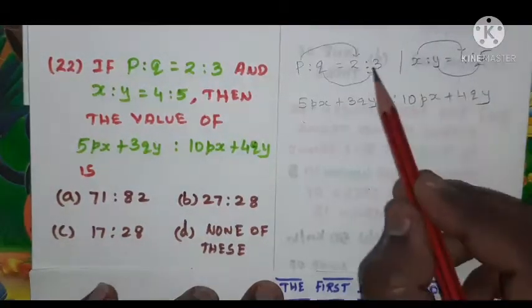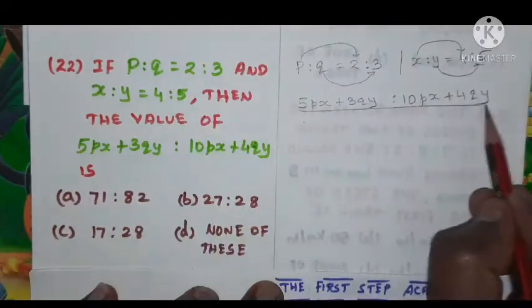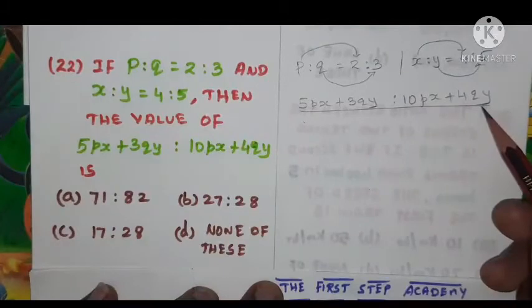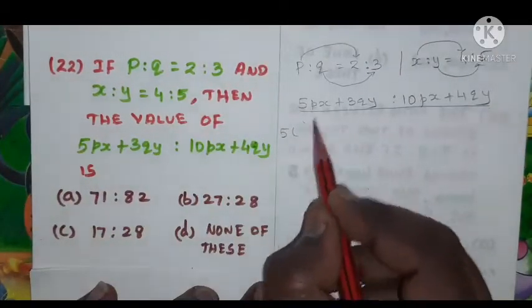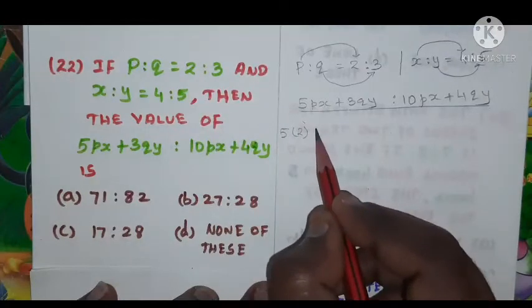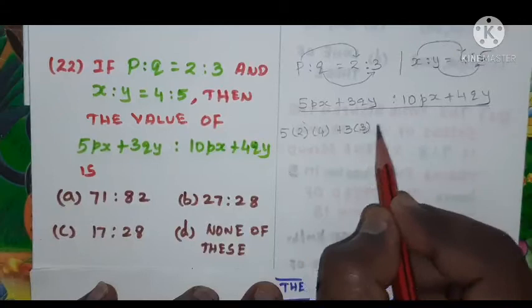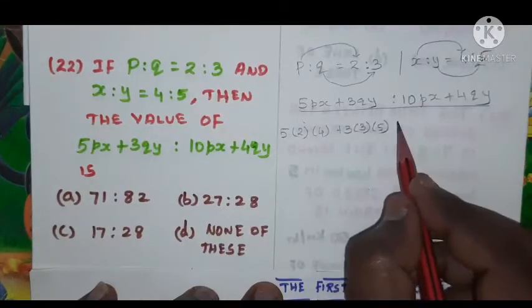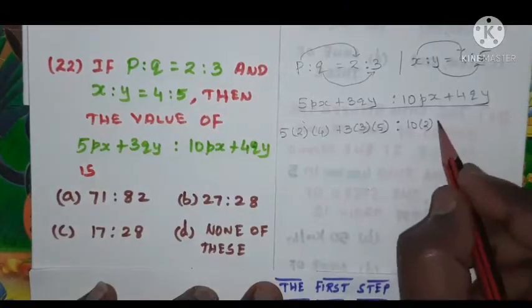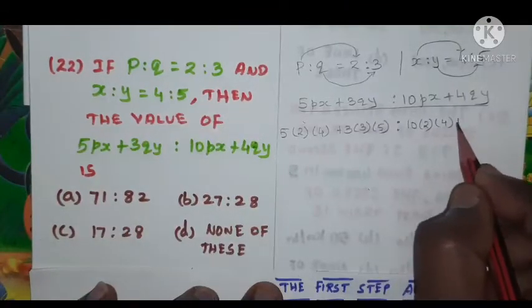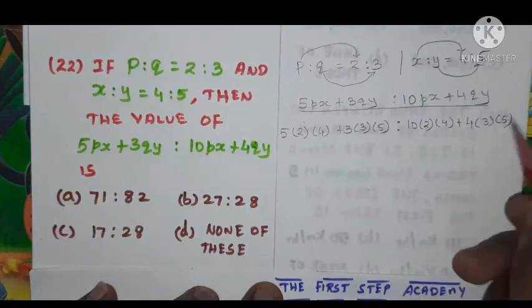Just substitute the values of p, q, x and y in this ratio and we'll get the answer, right? So now 5 into, what is the p value? 2, where x value is 4, plus 3 into q is 3, where y is 5, is to 10 into 2, x value is 4, plus 4 into 3 and y value is 5.